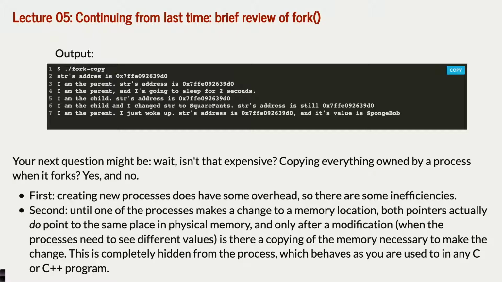Your second question was, when does it happen? The answer is when there's a change. Until there's a change, why make any copies? If everybody's just reading from one value, there's no reason to copy it anywhere, because you can all just translate to the same location. But eventually, if one of them changes it to square pants, then you have to make a copy so that they don't collide. So the original process didn't get its memory changed.